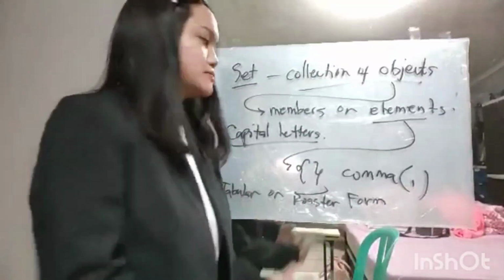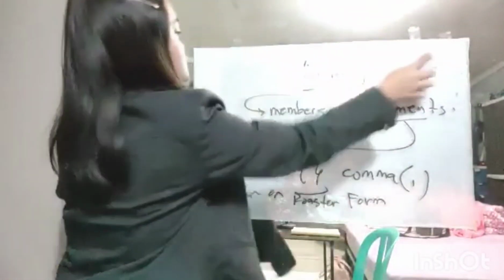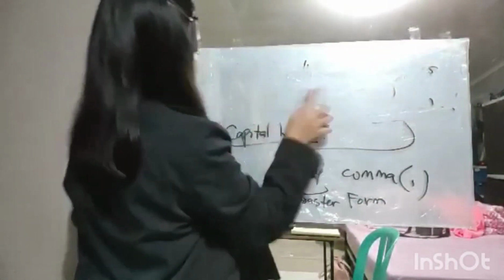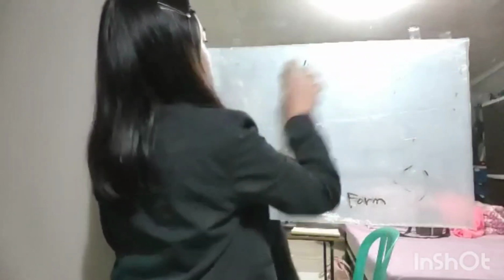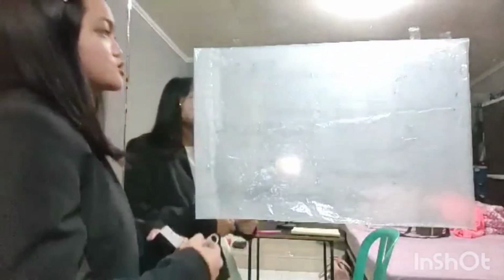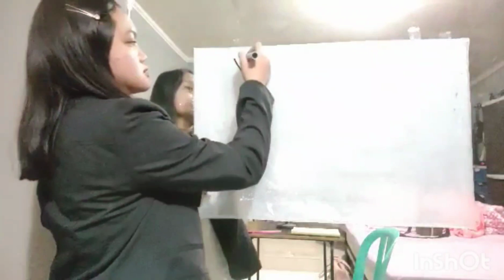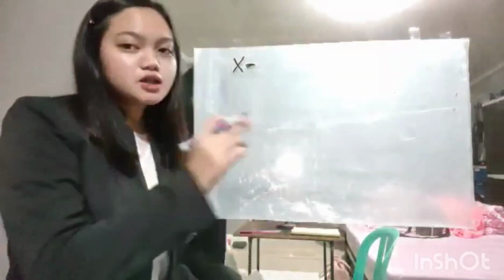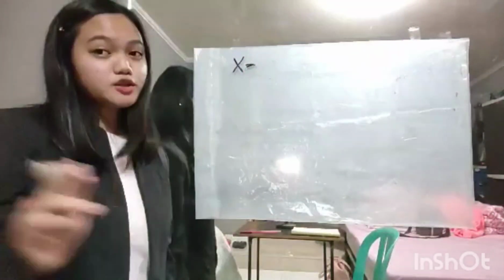For example, I'll be showing you an example of tabular or roster form. Let X represent the months of the winter season.